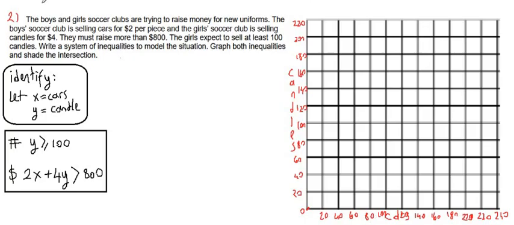We're going to graph y is greater than or equal to 100. This one is going to be a solid line, and the other will be a dotted line, because this is inclusive and that is not. I'm going to go to 100 and make a horizontal line, because y equals some value is a horizontal line.